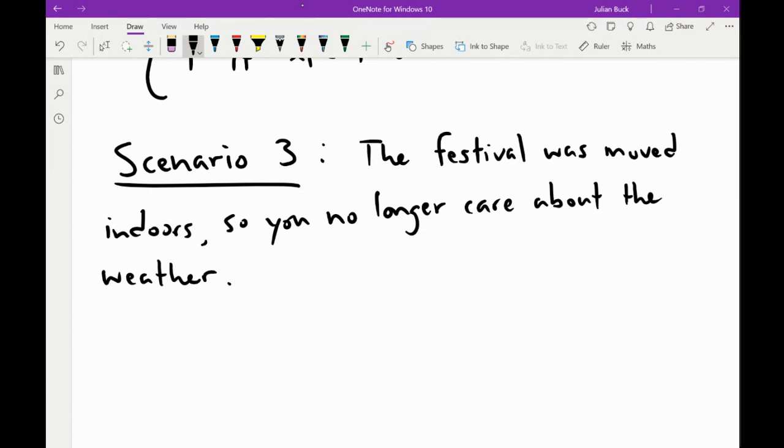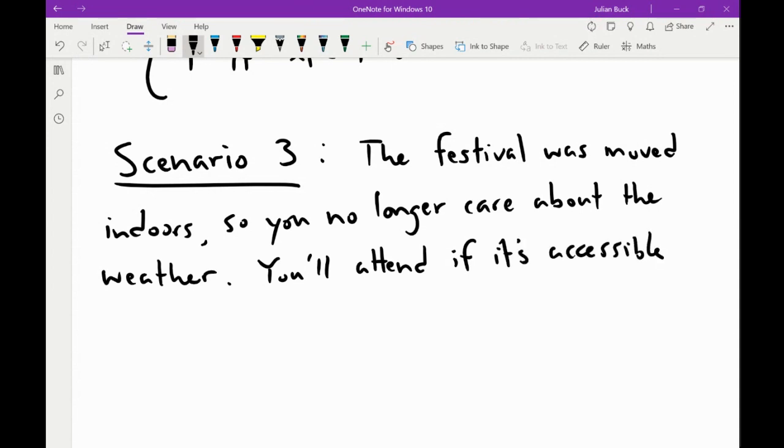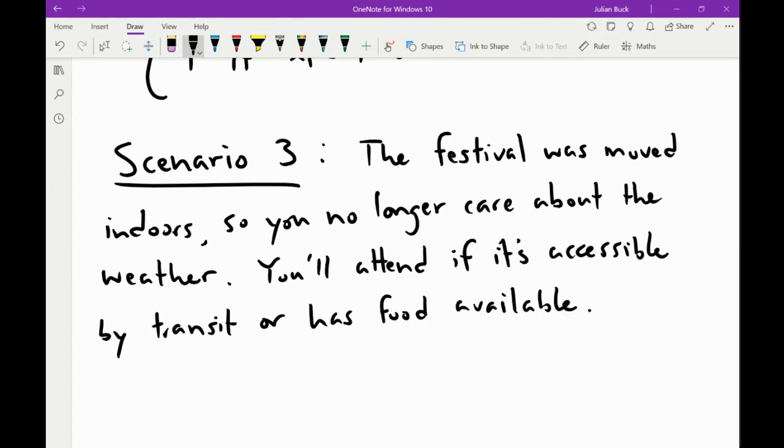You'll attend if it's accessible by transit, or has food available. Okay, so now your preference set has weakened, right? You don't care at all about the weather, and of the other two factors, you only require at least one of them to hold.